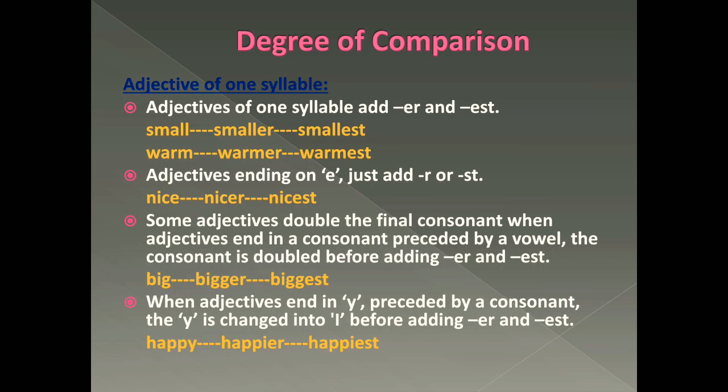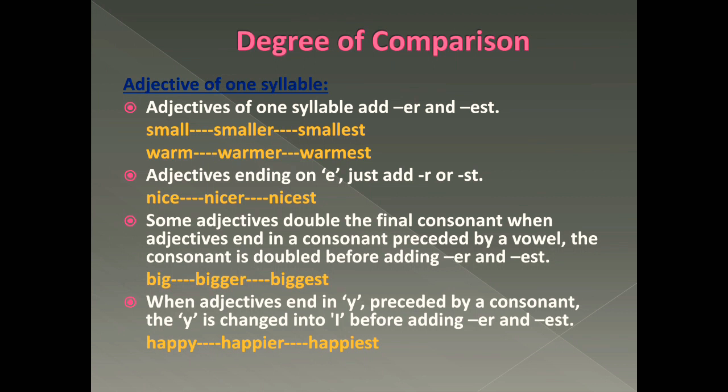Next, there are some rules to change the forms of adjective. Adjectives of one syllable. If there are adjectives of one syllable, we have to add er and est in comparative and superlative form respectively. So small, smaller, smallest, warm, warmer, warmest.